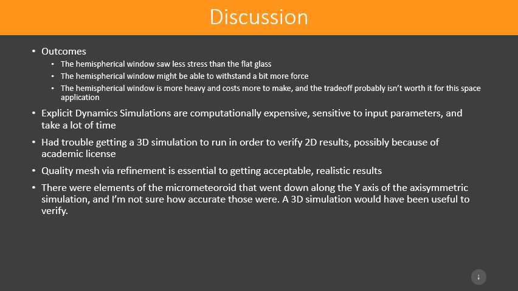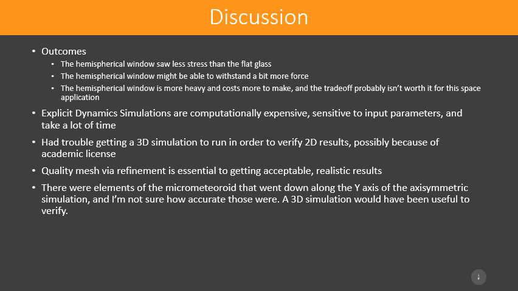Quality of mesh is very important to getting acceptable and realistic results. And lastly, there were elements of the micrometeoroid you could see in those previous simulation videos that went down along the y-axis of the axisymmetric simulation, and I'm not sure how accurate those were.